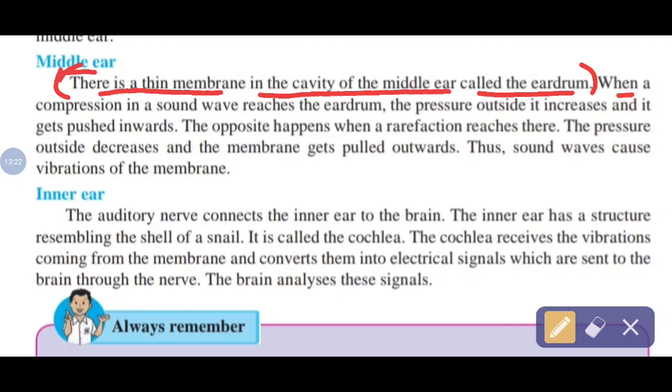When a compression in a sound wave reaches the eardrum, the pressure outside it increases and it gets pushed inwards. The opposite happens when a rarefaction reaches there.